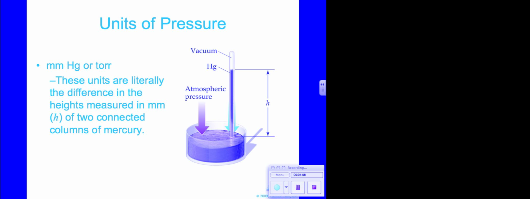Now, let's say the atmospheric pressure decreases, so there's not as much atmosphere pushing down on that pool of mercury. Then the mercury level is going to go down, and so you have a decrease in millimeters of mercury. So that's a device that was developed to measure atmospheric pressure.